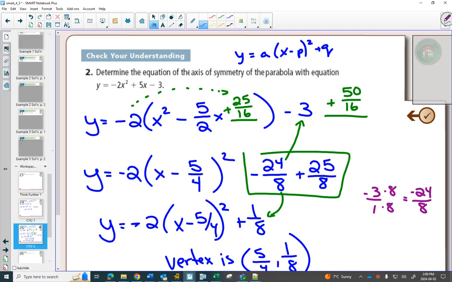So negative 3 over 1 plus 25 over 8, the denominator has to be 8, right? So that's how I got the negative 24. 8 divided by 1 would be 8 times 3, 24. Okay, yeah, that's exactly what we needed to do.